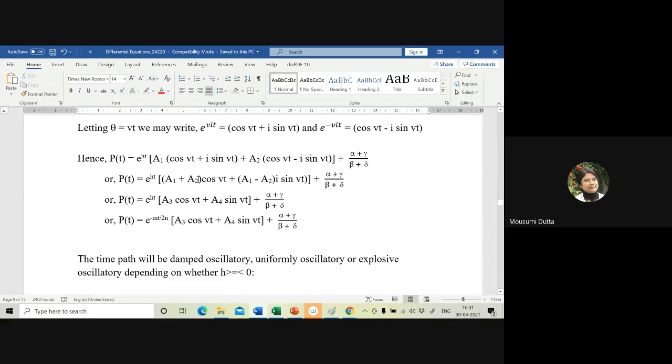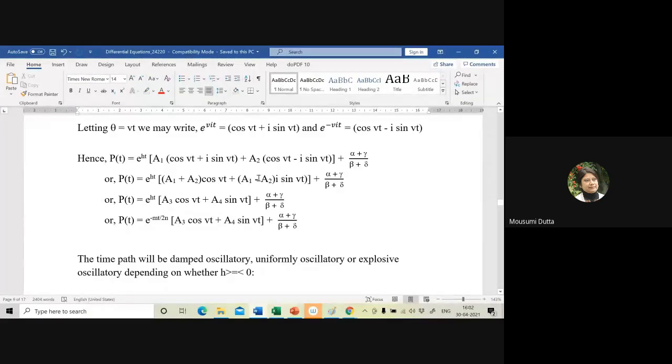So what I can do, I can take the cos part common and the sine part common, and I can write the expression as e to the power ht, a1 plus a2 cos Vt plus a1 minus a2 i sin Vt, plus the equilibrium. This a1 plus a2 is a constant, so I can replace it by another constant a3.